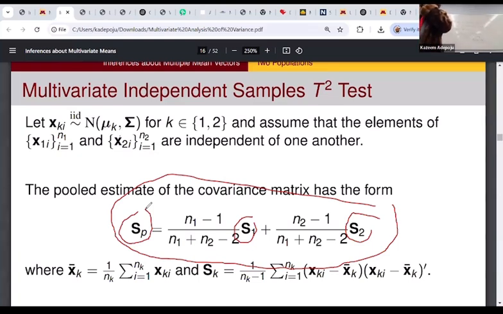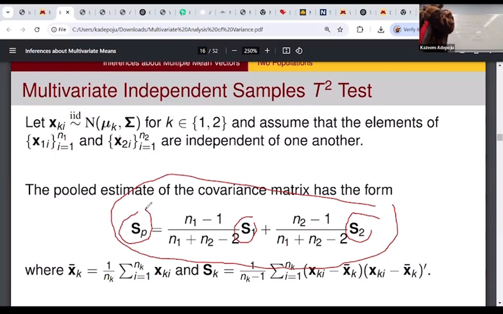Before we can assume the idea of pooling the covariances, we test the equality of the covariances, whether the two groups have a similar covariance structure.